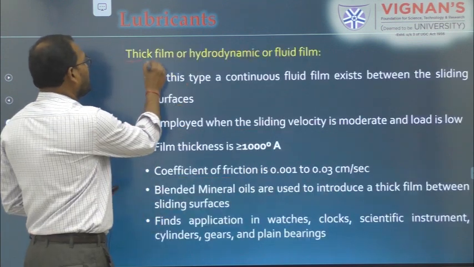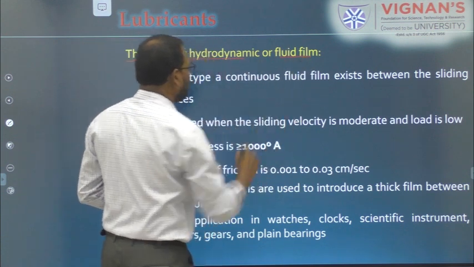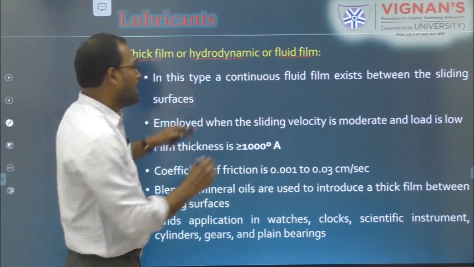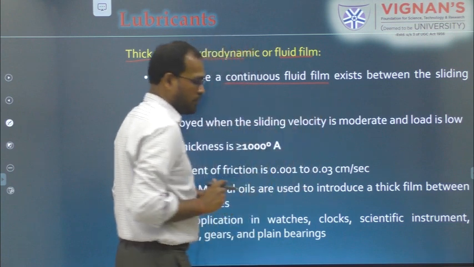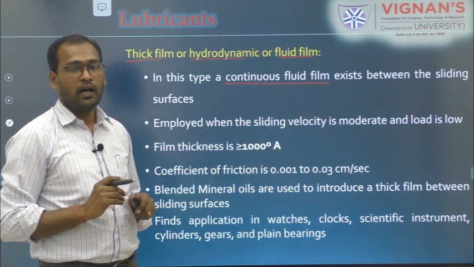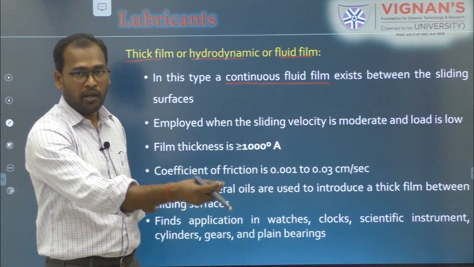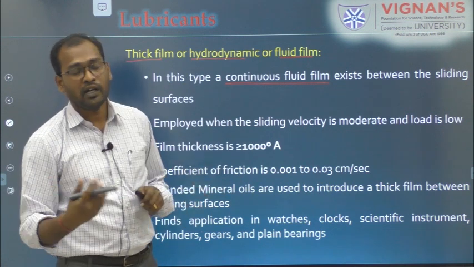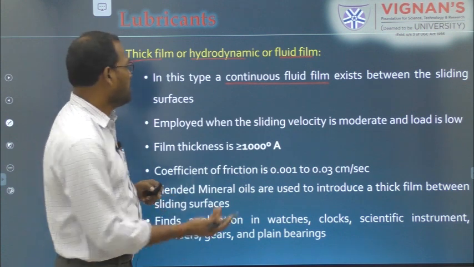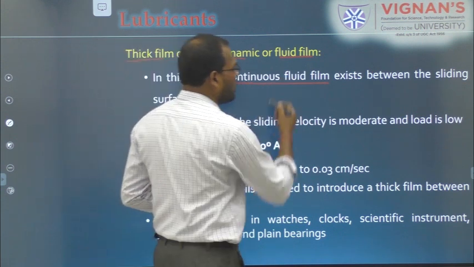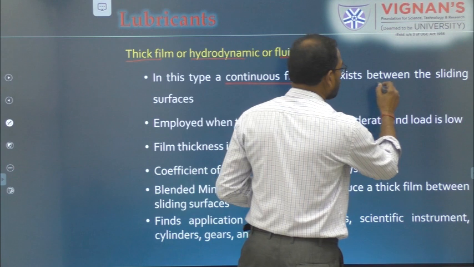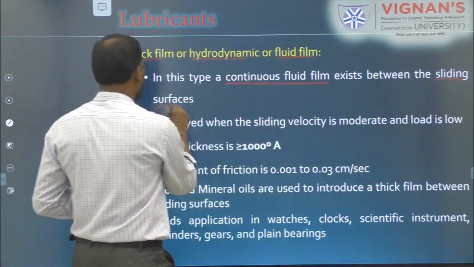So coming to the thick film or the hydrodynamic or fluid film, right. This is used as a continuous fluid film, right. So these lubricants are used as a continuous material, so it's not like applying at one point and removing it. It is used continuously, right? It is a continuous fluid film which exists between the sliding surfaces, right?